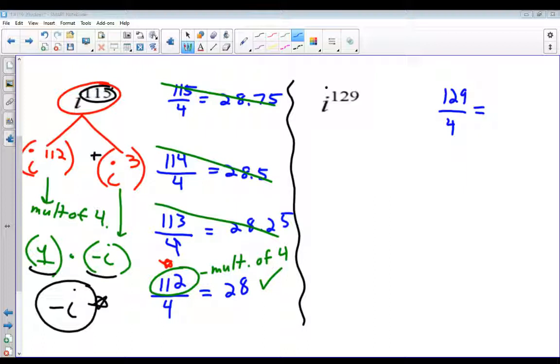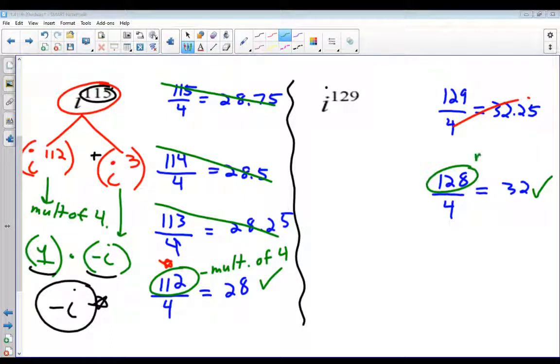So 129 divided by 4 gives us 32.25. So that would not work. Now let's try taking 1 away. So instead of 129, let's try 128. 128 divided by 4 gives me 32. Bingo. Which means 128 would be a multiple of 4.